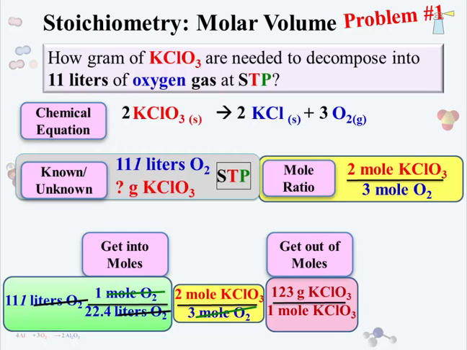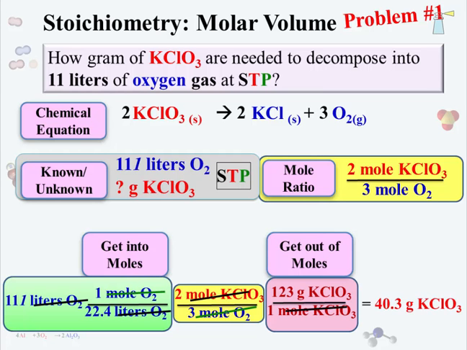The formula weight is oriented so that moles of potassium chlorate cancel out, leaving grams of potassium chlorate as the remaining unit. Taking out our calculator and multiplying the values of the numerator together, and then dividing by the values in the denominator, has us come to an answer of 40.3 grams of potassium chlorate.